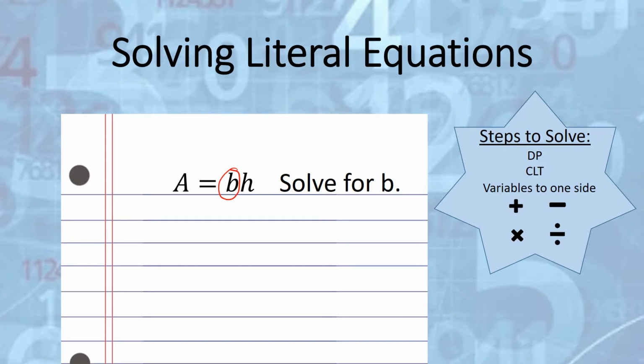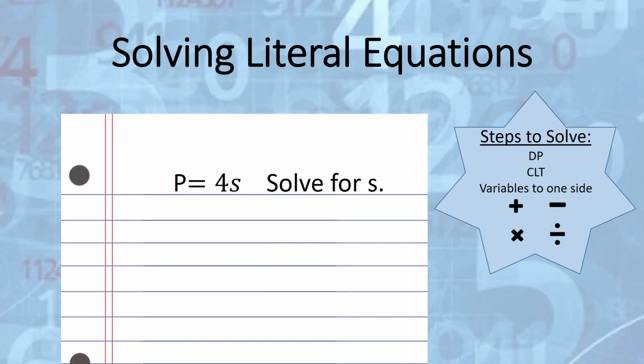Yes. H is being multiplied by b. So I'm going to use the inverse operation of division, and I'm going to divide both sides by h. This simplifies to a over h equals b. And that is the solution to this literal equation where I have been asked to solve for b.